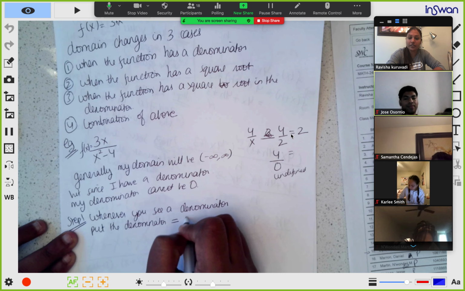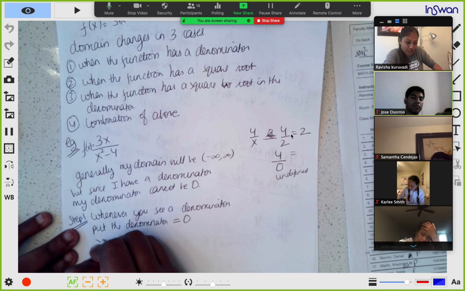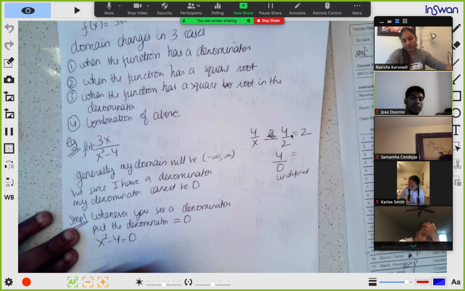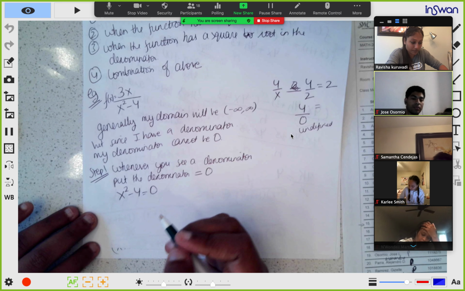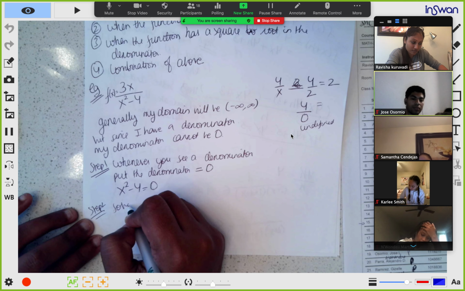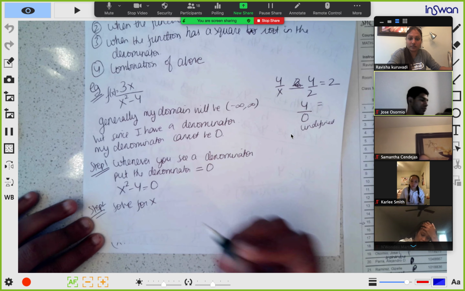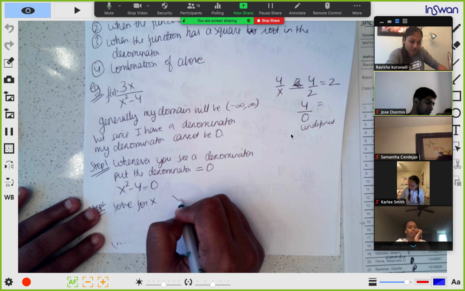In this case, my denominator is x squared minus 4. I put it equal to 0. Step 2: solve for x. So I had x squared minus 4 is equal to 0.